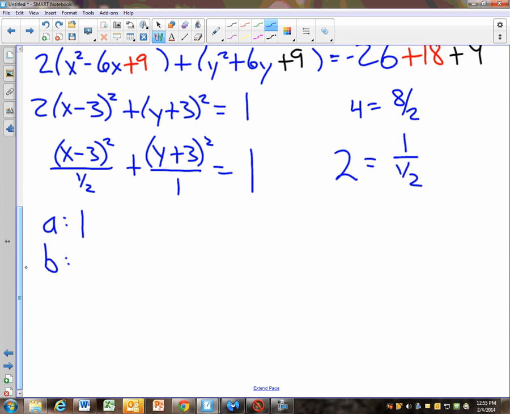So to find the b value, you take the square root of 1/2. Square root of 1/2 is the square root of 2 over 2, and it comes out to be 0.7071. And the only way I know that is because it comes up all the time in trigonometry. You'll see it in the next month quite often.